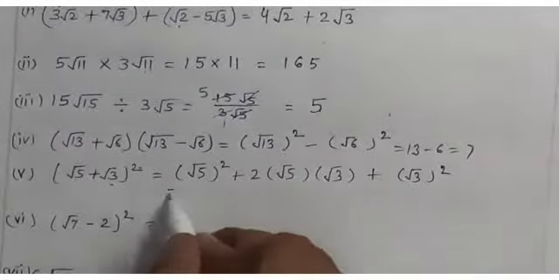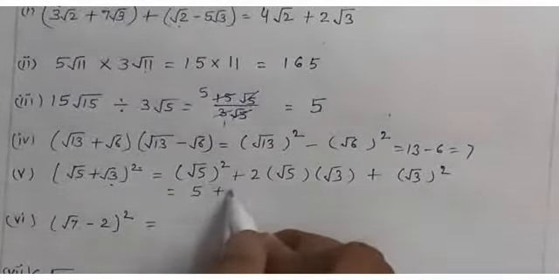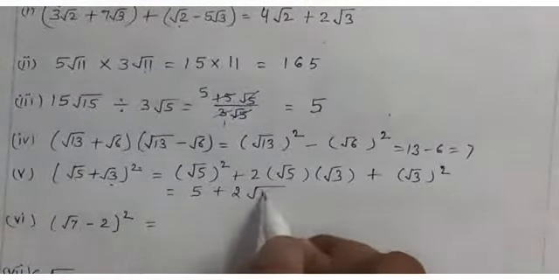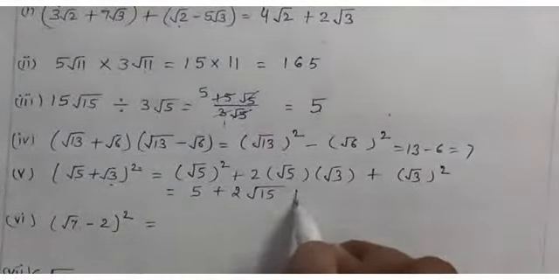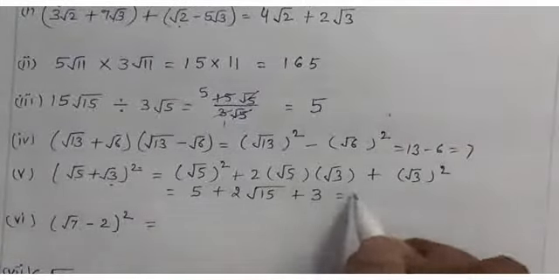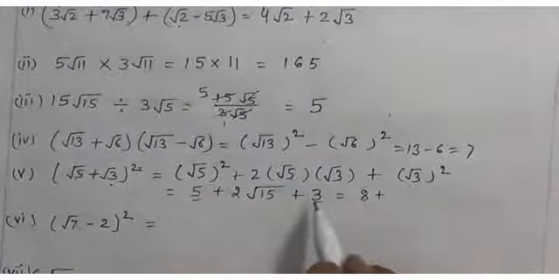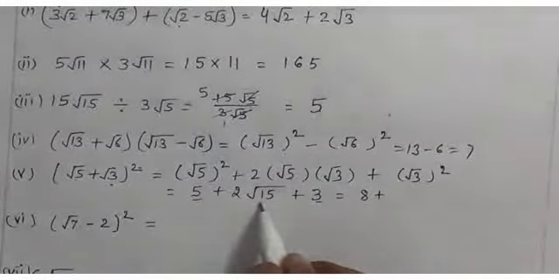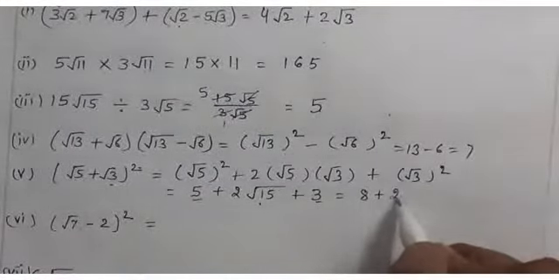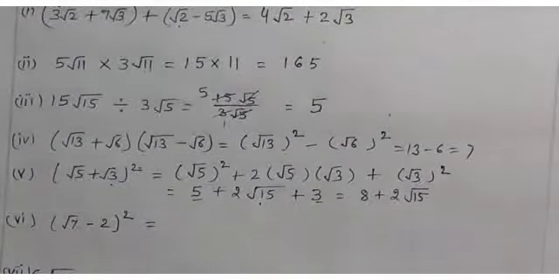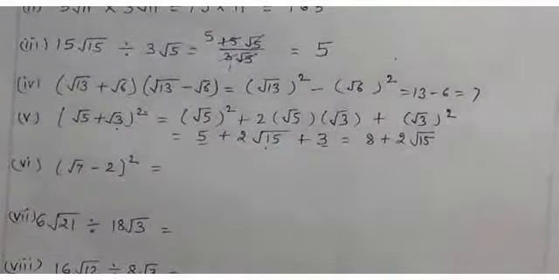Okay. Then root 5 square is what? 5 plus 2 root 5 into root 3. This will be root 15 plus root 3 square is 3. So 5 plus 3 is 8. These two are rational numbers and this is an irrational number. Then 8 plus 2 root 15. This is your answer.